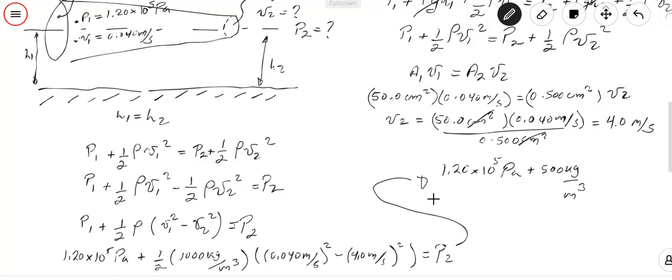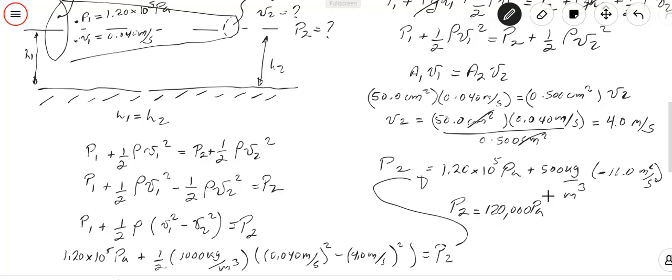And the difference of the squares of the velocities is going to be equal to negative 15.99, so almost 16, so I can say 16.0 meters squared per second squared. And all this is equal to P2. When you multiply minus 16.0 times 500, you're going to get that P2 is equal to 1.20 times 10 to the 5th, that is 120,000 Pascal.